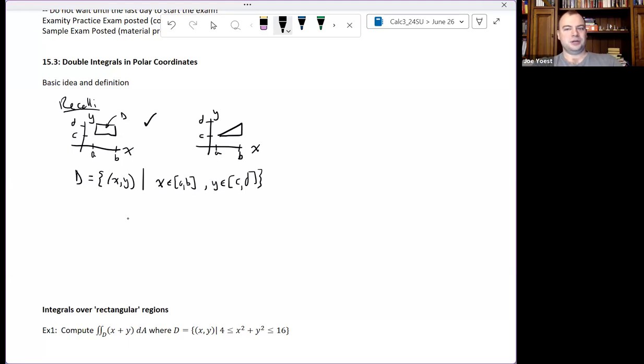Even though in some sense, x could take on values anywhere from a to b and y could take on values anywhere from c to d, well, my choice of x restricts my options for y or vice versa. So if I pick x a certain way, I can't freely pick y to be any number between c and d and vice versa.